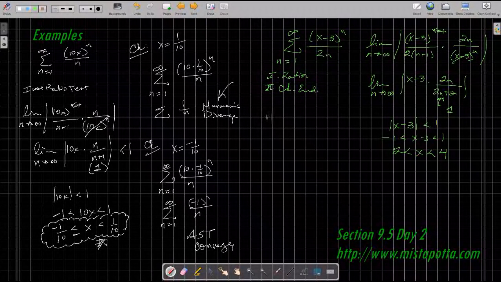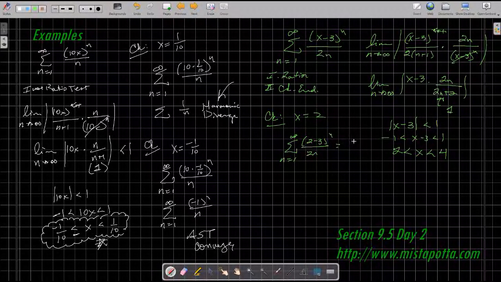So first thing I'm going to do is I'm going to check x equals 2 and see what happens here. So substituting x equals 2 into my original series, I end up with the sum from n equals 1 to infinity of 2 minus 3 to the n over 2n.